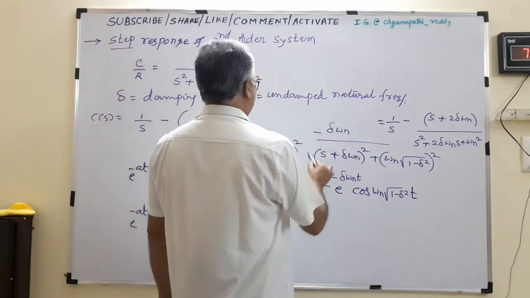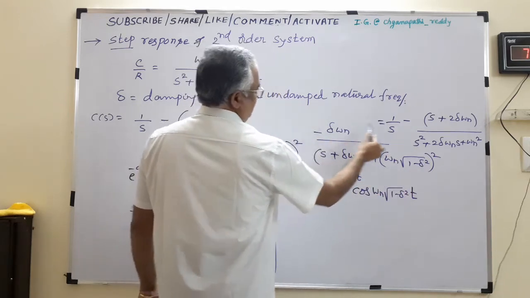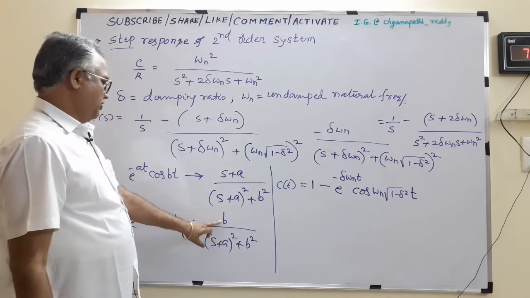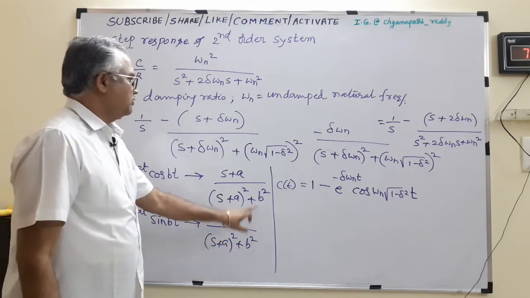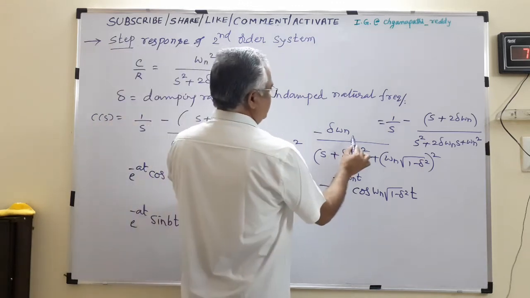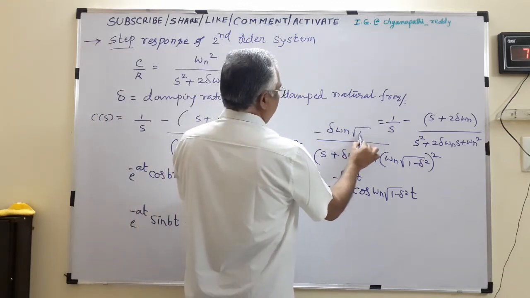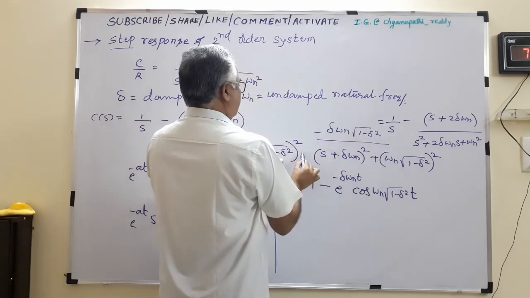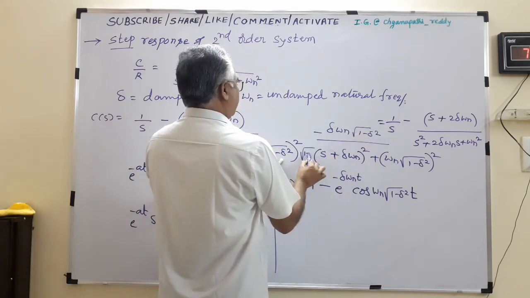Next, L inverse of this. But numerator only b. What is b here? Omega n root of 1 minus delta square. So what you do is root of 1 minus delta square extra multiply, then divide with root of 1 minus delta square.